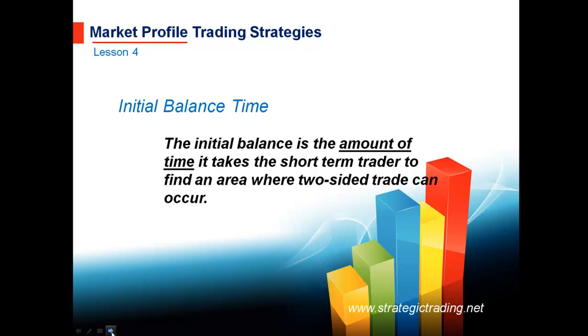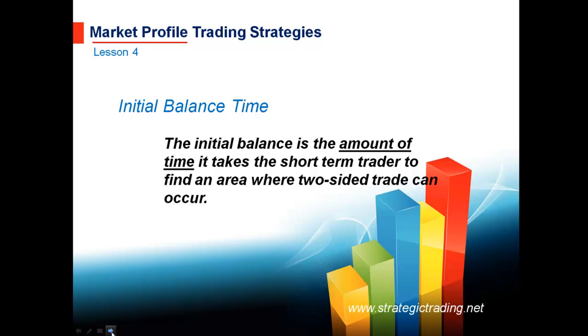The point that I want to drive to you is the initial balance time is going to differ from one instrument to the other. It is not always going to be the same. Think of the initial balance as the amount of time it takes the short-term trader to find an area where two-sided trade can occur. On some instruments, it can take, in fact, 10-15 minutes.